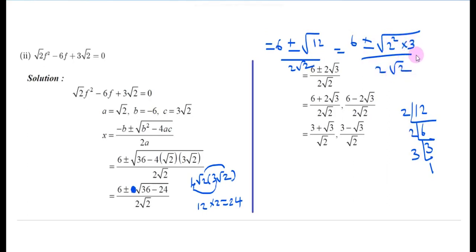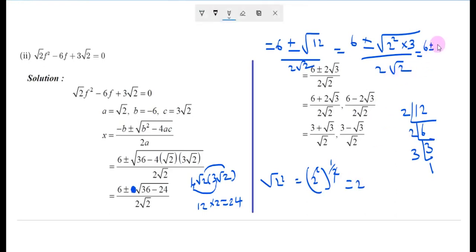Understood. So the next step will be 6 plus or minus root of 2 square, so 2 square power 1 by 2, the 2s cancel, that is equal to 2. So 2 into root 3 by 2 root 2. So 6 plus or minus 2 root 3 by 2 root 2, this step comes.